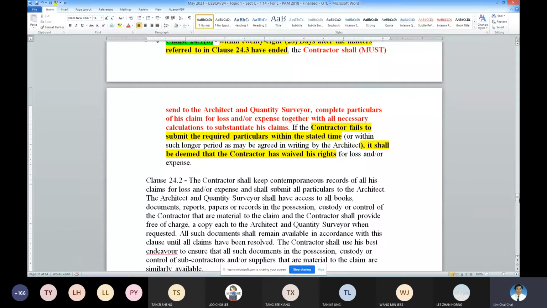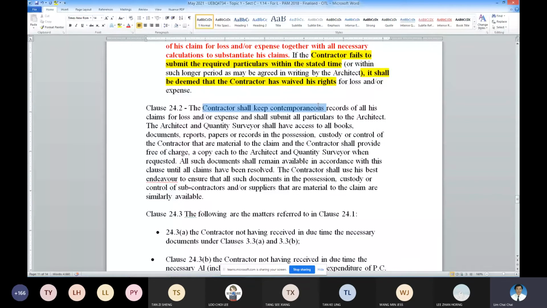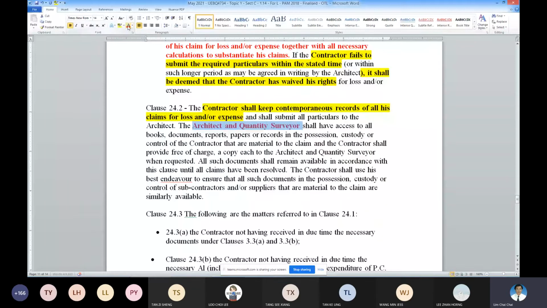So what are the things to keep? The contractor must keep contemporaneous records for whatever supporting documents are needed and send them to the architect and the QS for evaluation. All this needs to be done in a timely manner.